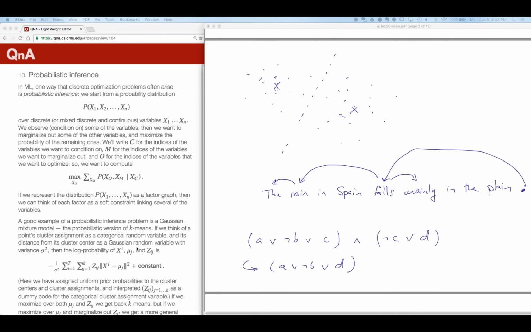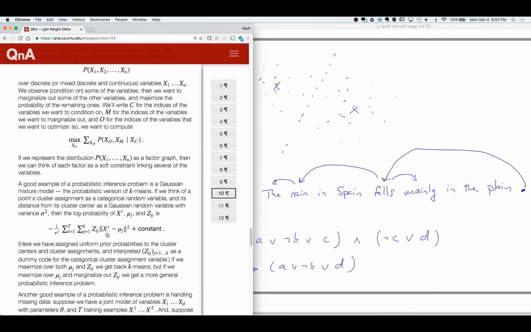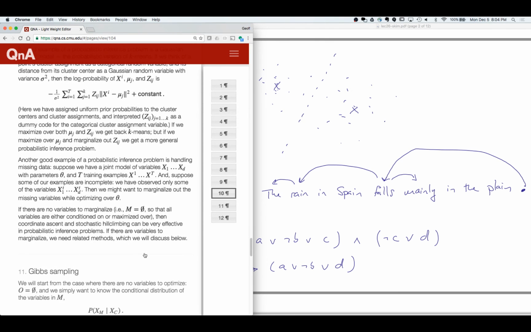And so if we were to maximize over the z's and the mu's, we would get back k-means. But since we now have this probabilistic interpretation, we can ask to marginalize out the z's and then maximize over the mu's, and that would be a probabilistic inference problem. Missing data is another good one.